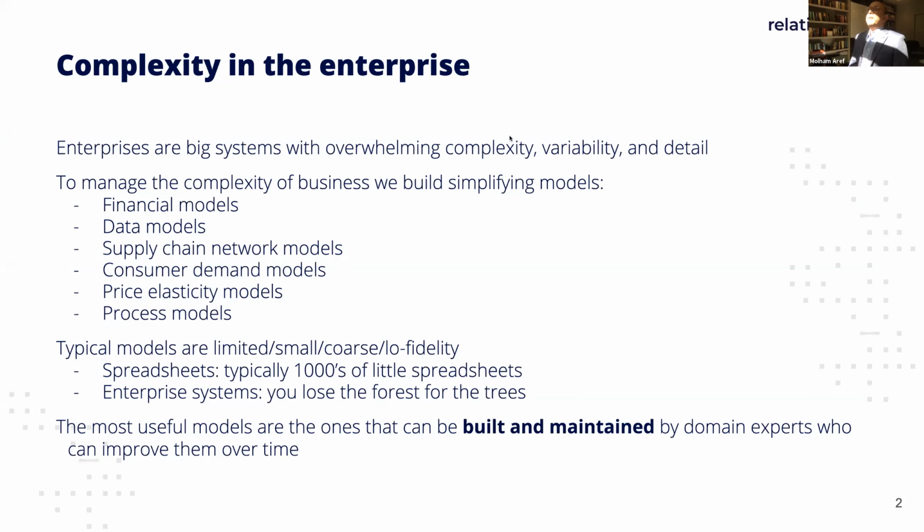So if you've worked in the enterprise, you know that companies and enterprises can be thought of as really big systems with overwhelming complexity, variability, and detail. In order to manage the complexity of the business, we have to build simplifying models. These models come in many different forms.